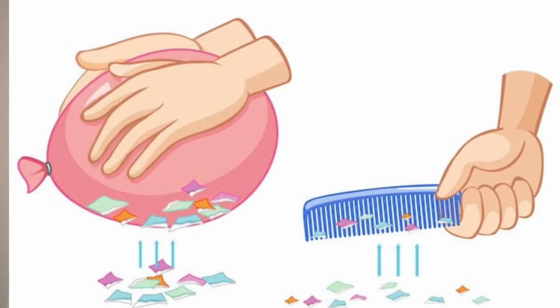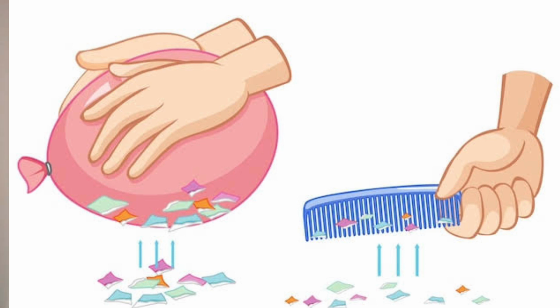Now come to the next, I hope you have done this activity. It is very simple and very easy. When I was very small, we used to do this: we just need a comb, we rub it like this, and you can see small bits of paper are attracted by it. What happens? This is due to the charges. My hair has balanced charge, positive and negative charge, and the comb also has positive and negative charge.